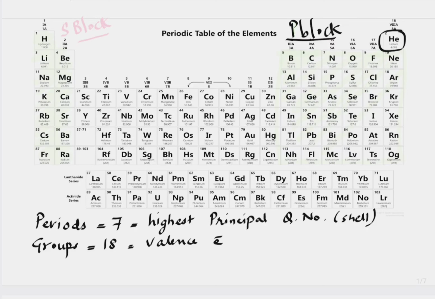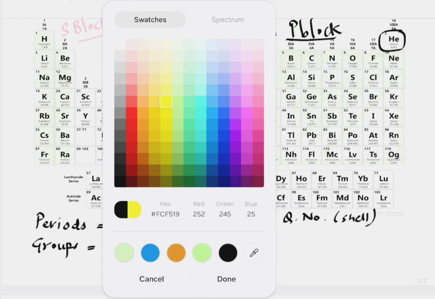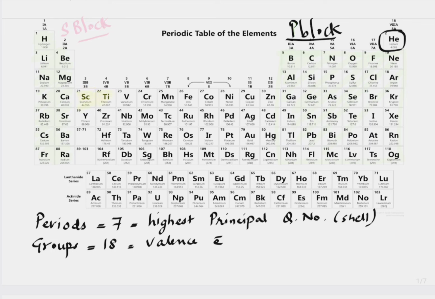Next up we have this block, from group number 3 to group number 12. This block is called the d block because the last electron here enters the d orbital.